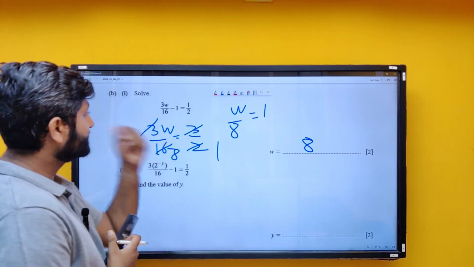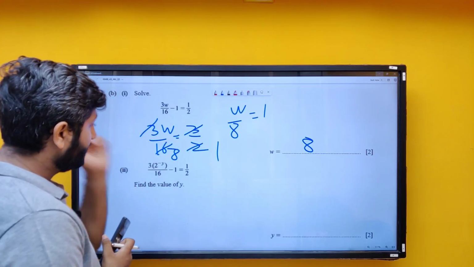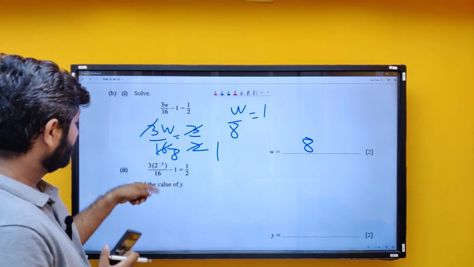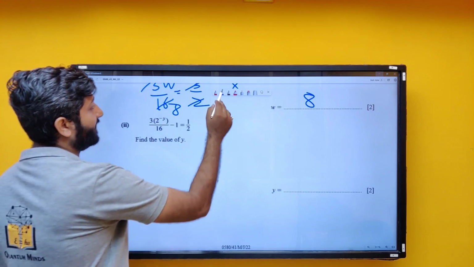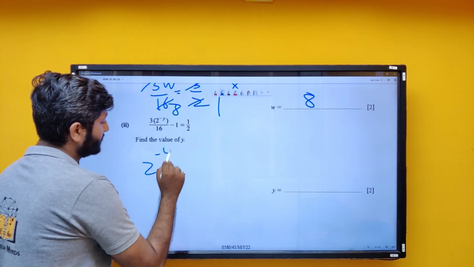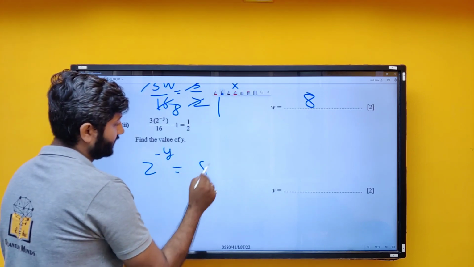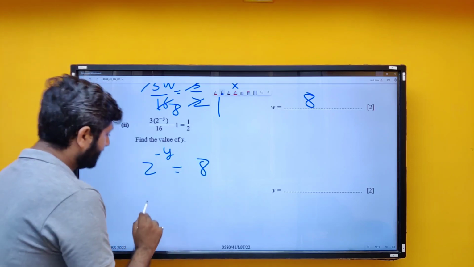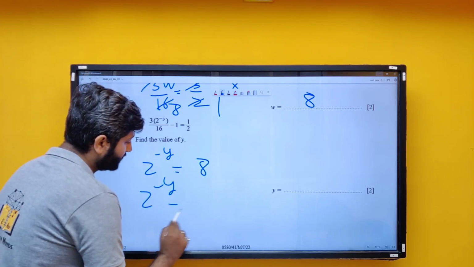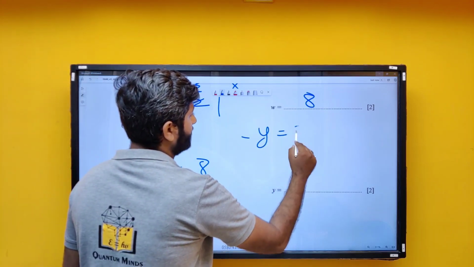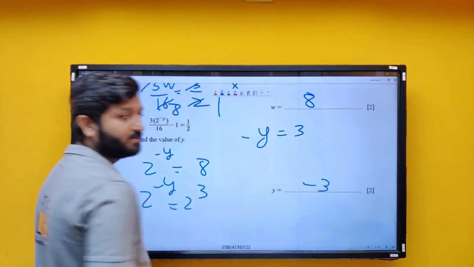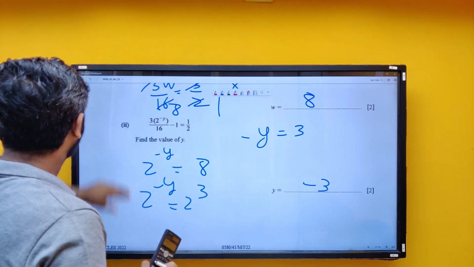Next, I think this is the same equation, but instead of W I have 2 power y. So my final answer is going to be 2 power minus y equals 8. So from here I can say 2 power minus y equals 2 power 3, and I can say minus y equals 3. So my value of y is minus 3, right?